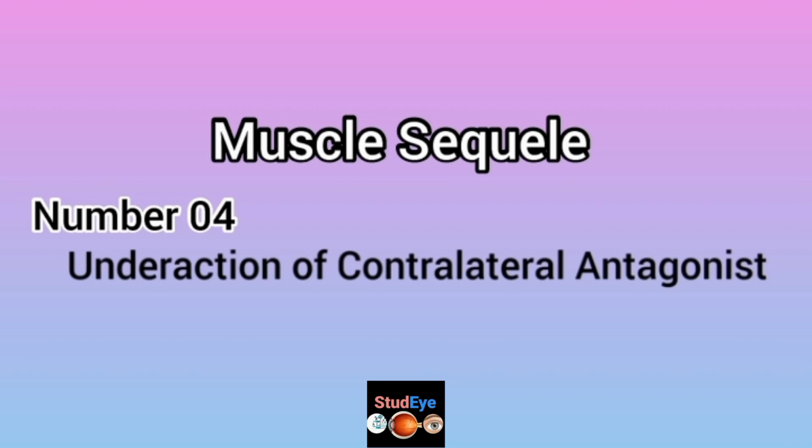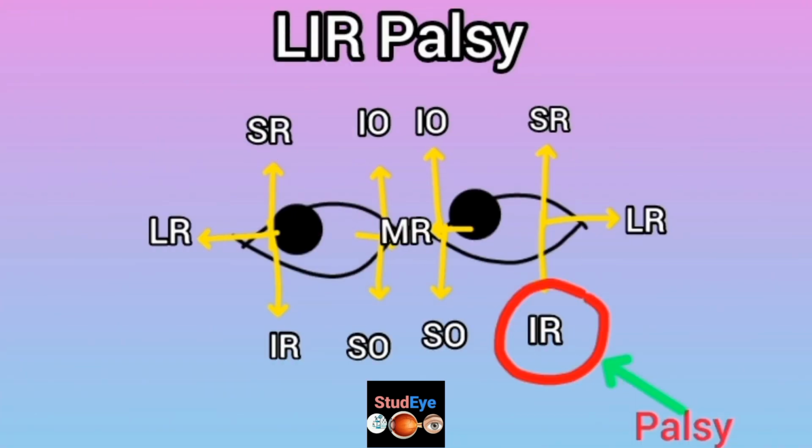and learned very carefully. So here we have an example of a palsy, and that is left inferior rectus palsy, so that you can understand the muscle sequelae concept accurately and easily. So over here there is a palsy of the inferior rectus in the left eye. Over here you can see, you need to learn this diagram in order to understand and memorize the overaction and underaction of agonist, antagonist and yoke muscles easily.